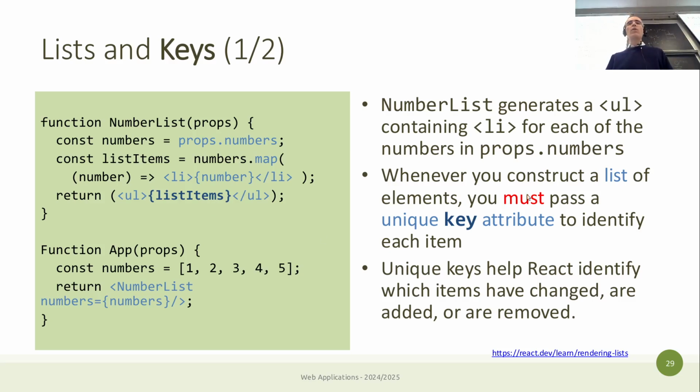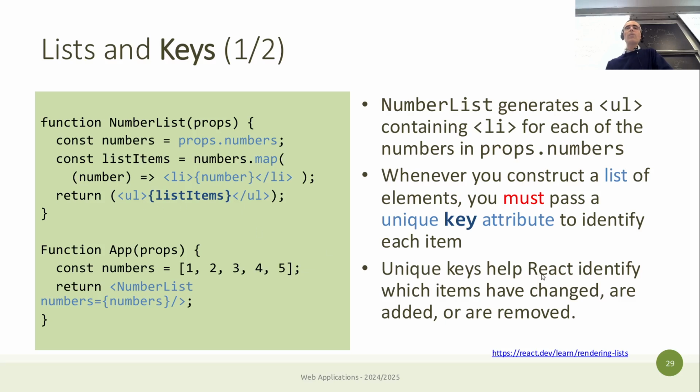Good. So the only thing you need to know is that when you construct a list of elements in this way, not just copy and pasting, but dynamically because you have an array in memory, you must also pass a unique key attribute to identify each item.